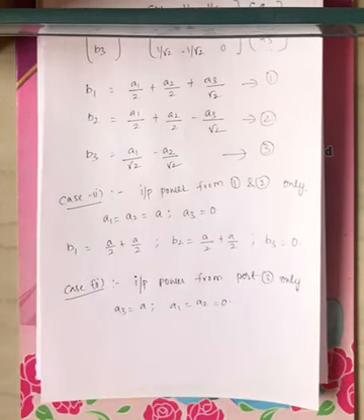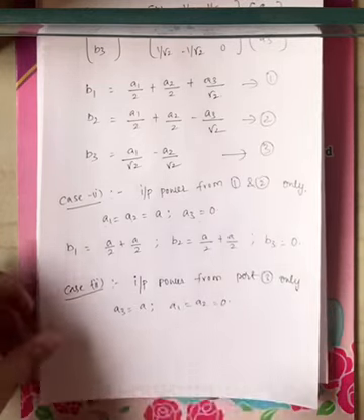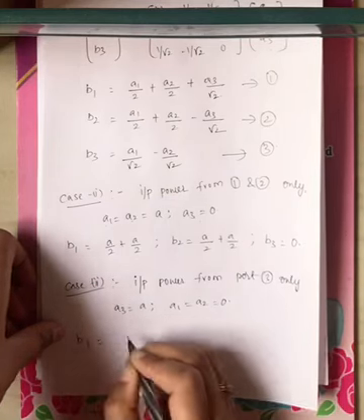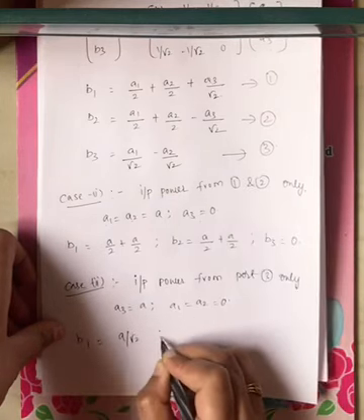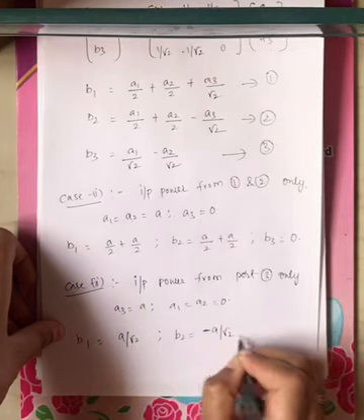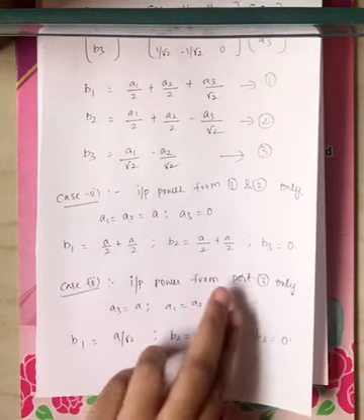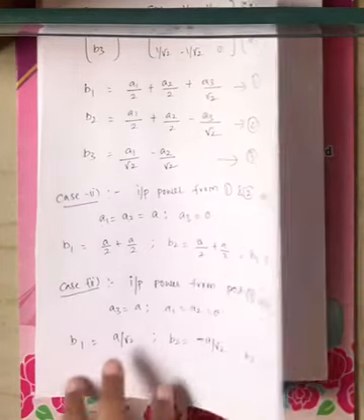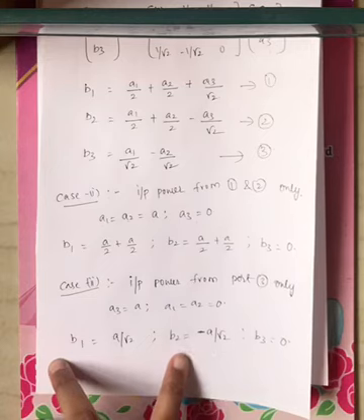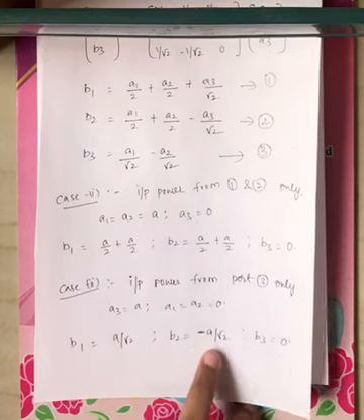You are giving input power from port 3 only and you are not giving any input power from port 1 and port 2, that's why it is 0. Now what is the B1 value? A by root 2, B2 value is minus A by root 2, and B3 is 0. Now if I give input power from port 3, output is collected at port 1 and port 2, which are equal in magnitude but out of phase by 180 degrees.